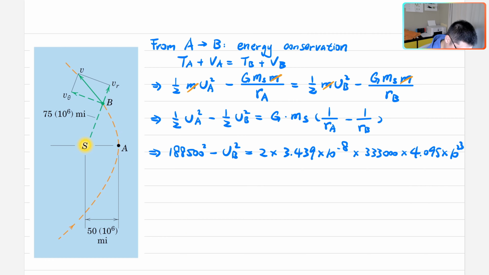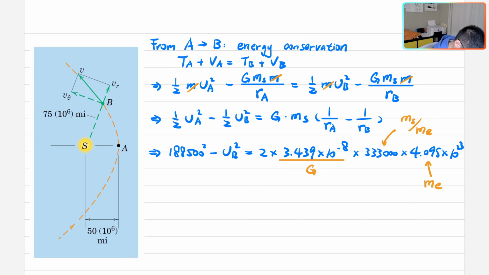Let me just label something. This is G, the gravitational constant. This is the ratio of the mass of the sun over the mass of the earth. And this is the mass of the earth.